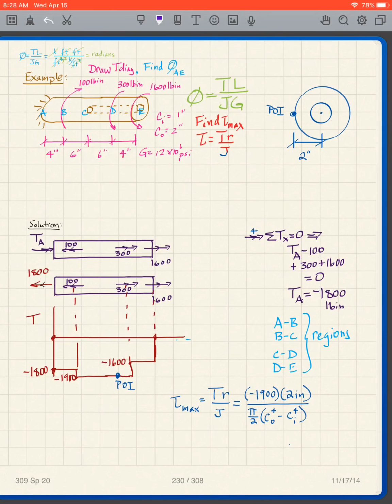All that's equal to 0. I solve for TA, negative 1800 pound inches. That means I flip the arrow around. So it was going to the right, I show it to the left, with 1800.